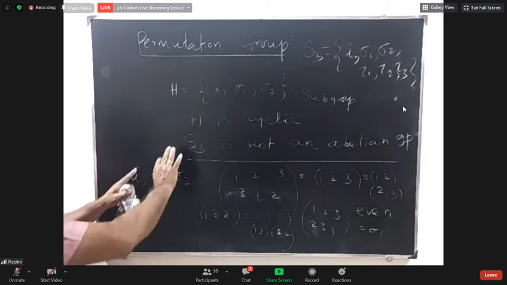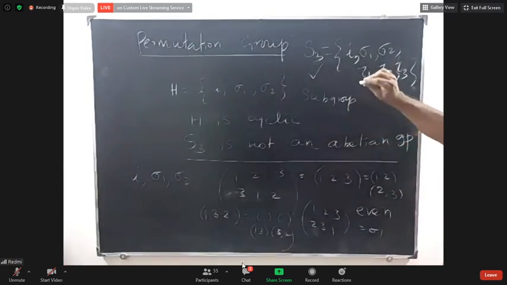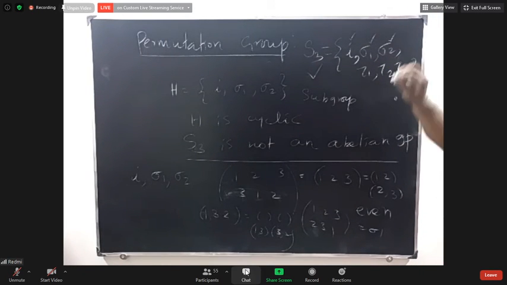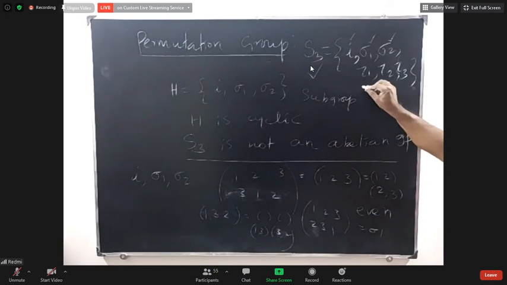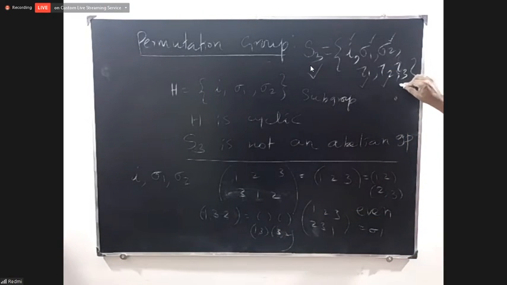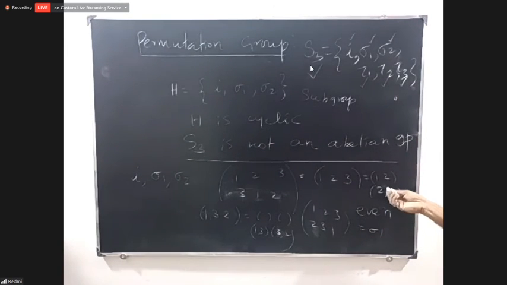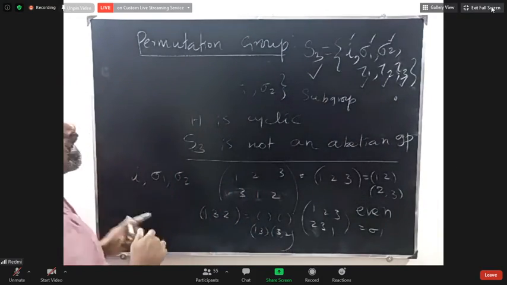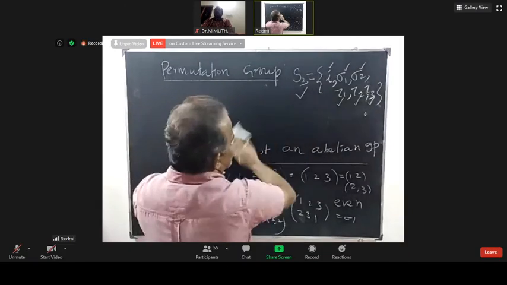So in this S3, you can check very well that I, sigma 1, sigma 2 are all even permutations. Tau 1, tau 2, tau 3 are odd permutations. Tau 3 is also odd, since you get an odd number of 2-cycles.